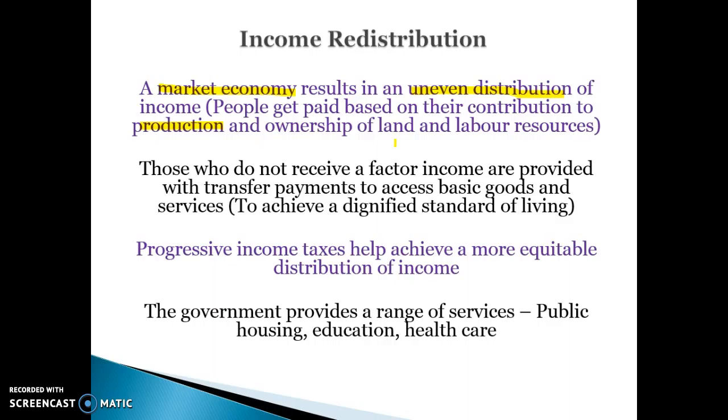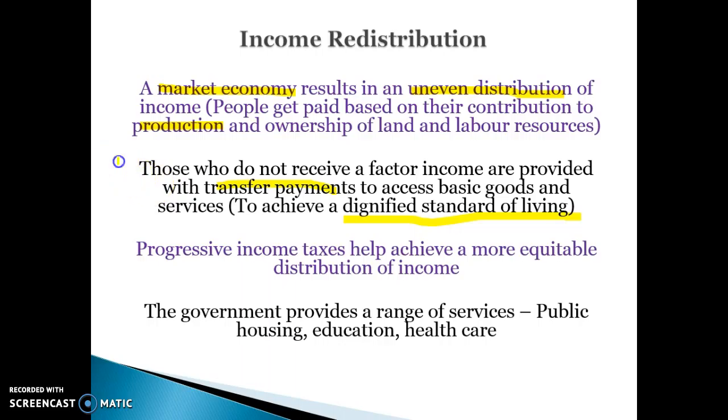So another way the government intervenes is that they provide people with transfer payments or welfare to access basic goods and services, and this helps them to achieve a dignified standard of living. They also have progressive income taxes, where those on higher incomes pay a higher percentage of their wage in tax, which again leads to a more equitable distribution of income.